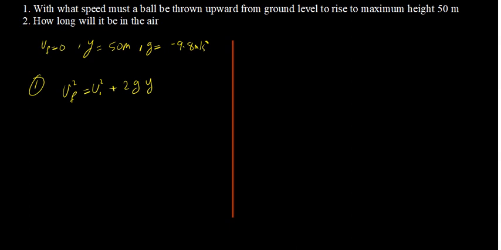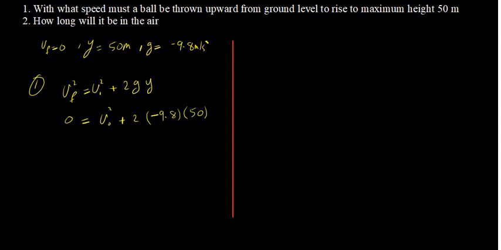As we said, the final velocity equals 0. The initial velocity, we don't know how much it is, plus 2 times the gravity acceleration, negative 9.8, times the maximum height, 50 meters above the ground, so it's going to be positive.